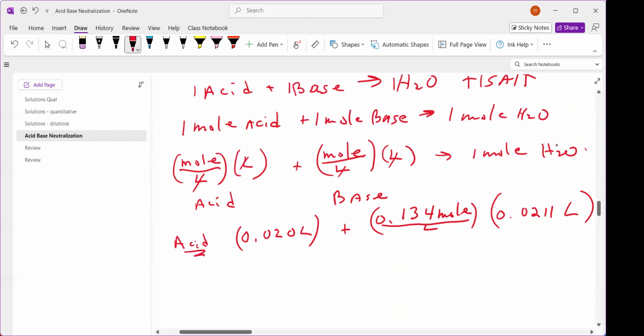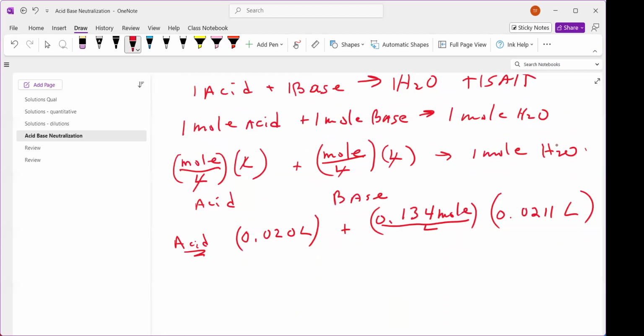I'm just going to say acid for the unknown concentration. Now, at perfect neutralization, it's a 1-to-1 correspondence. I'm not talking about excess base or excess acid when it's perfectly neutralized.